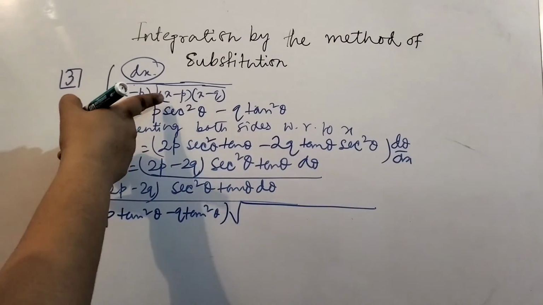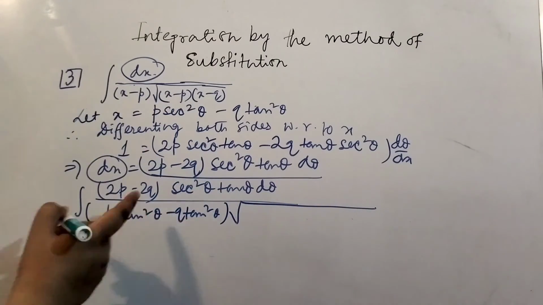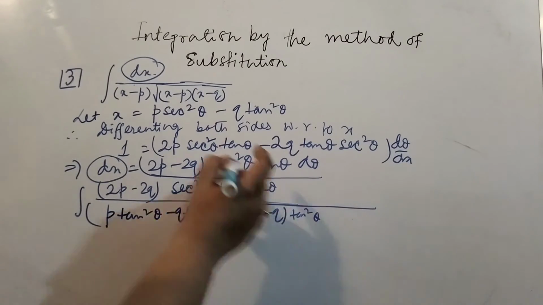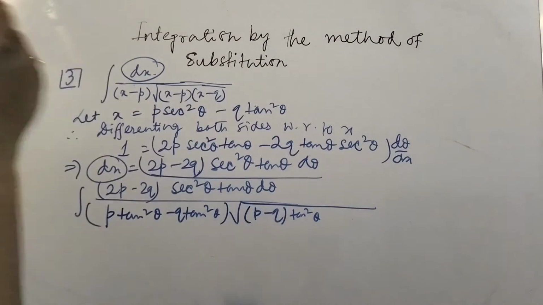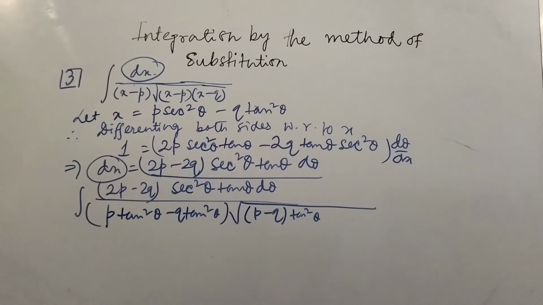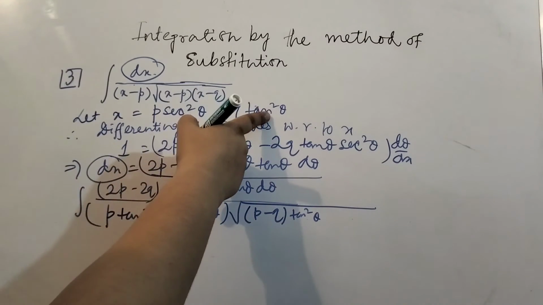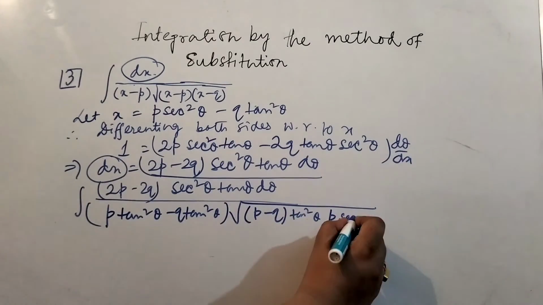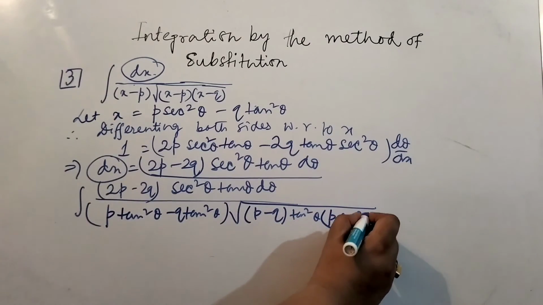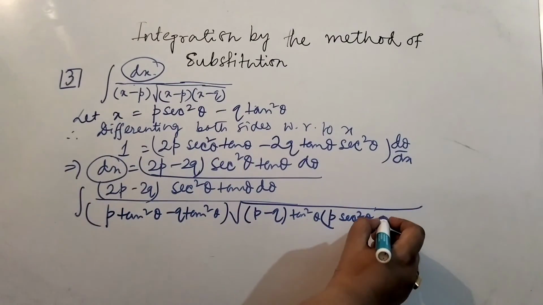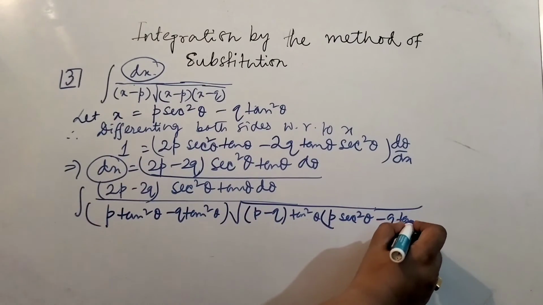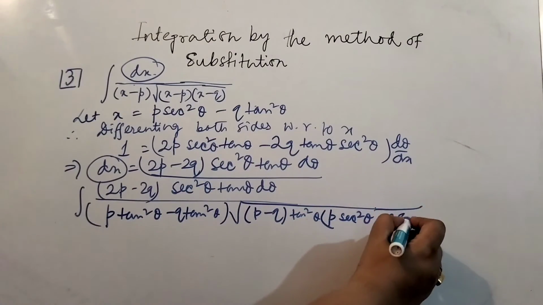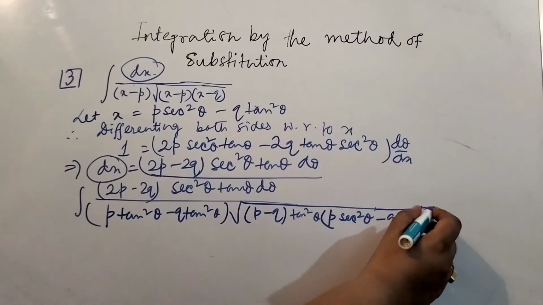Root over x minus p will give us the same thing, that is p minus q into tan square theta. And when this x will be substituted by this expression, then after taking q in common, we are going to get 1 plus tan square theta, means p sec square theta minus q sec square theta, right?